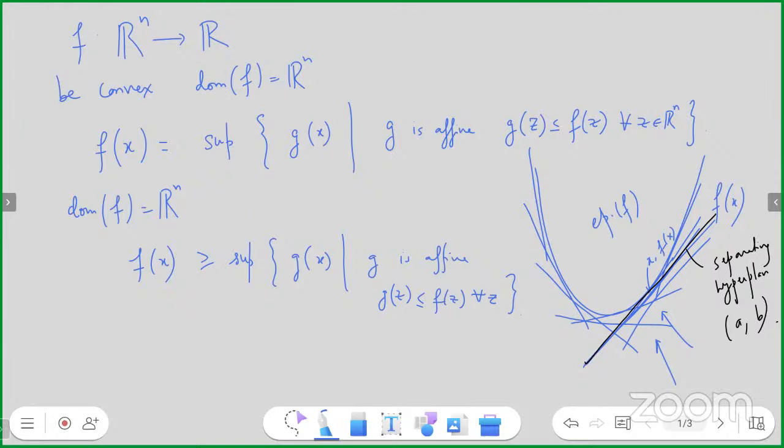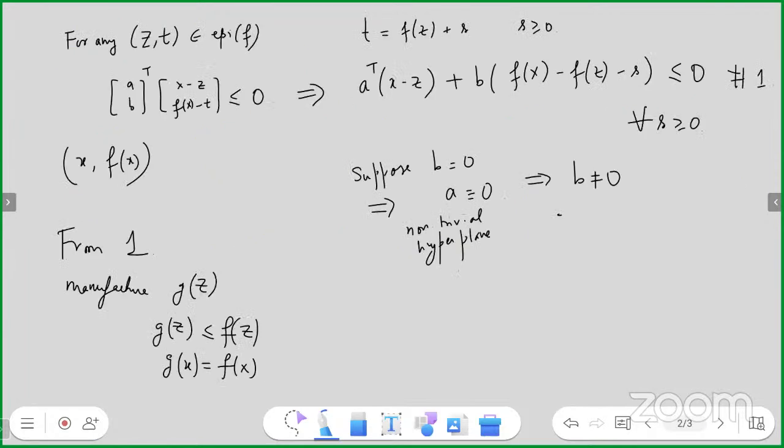What is the statement? If you understood this, there should be no reason to doubt that. For each x, I'm doing this exercise. Let me finish it. This is the point at which I'm drawing my hyperplane. This is any point in the epigraph. So where is the doubt?